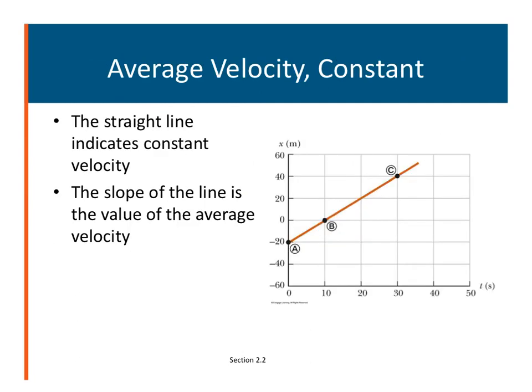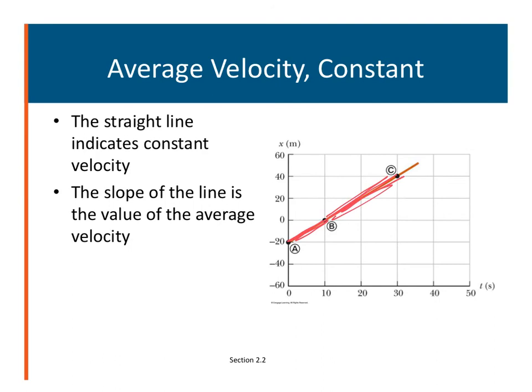Looking at this position versus time graph, we see that the linear path here shows that it is a constant velocity because the slope from A to B, the slope of this line here, is the same as the slope from B to C. And so the slope is telling us the average velocity, and since the slope does not change, the average velocity does not change.